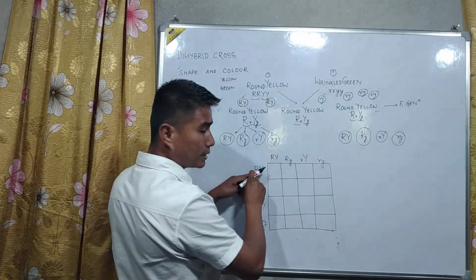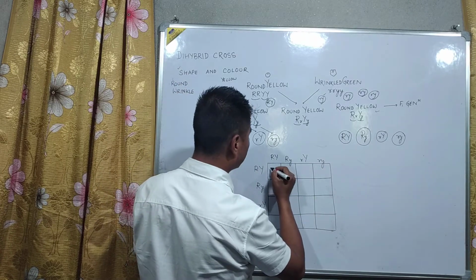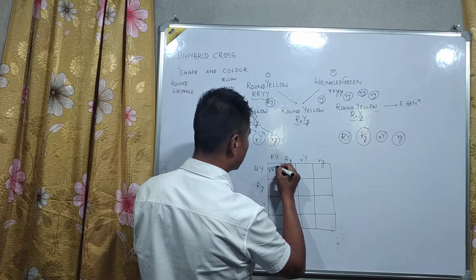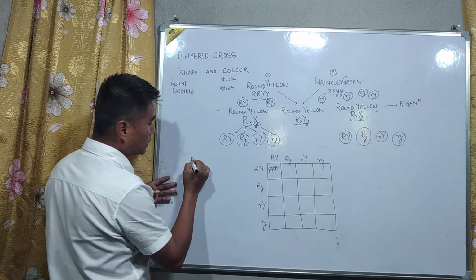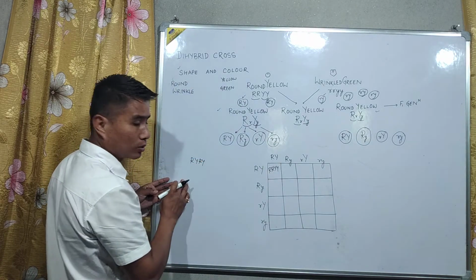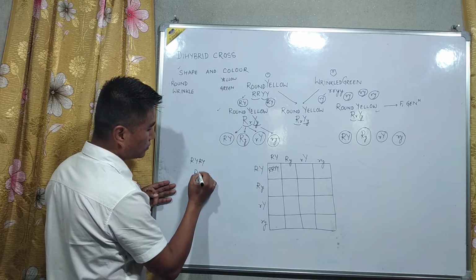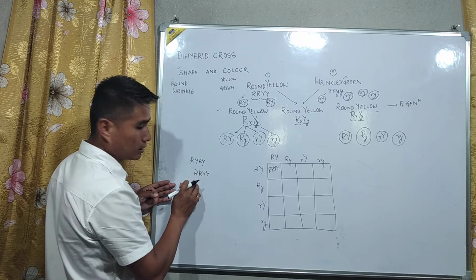Now let us take this gamete and cross with all four different types of gametes. Please do not write like this. This is not the rule. Instead, we keep both the factors together.